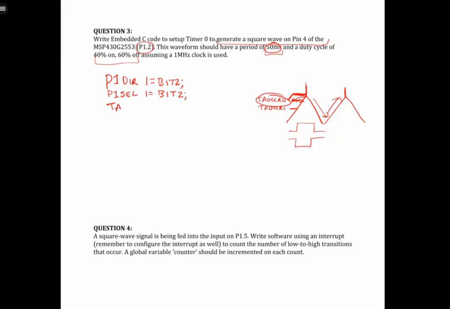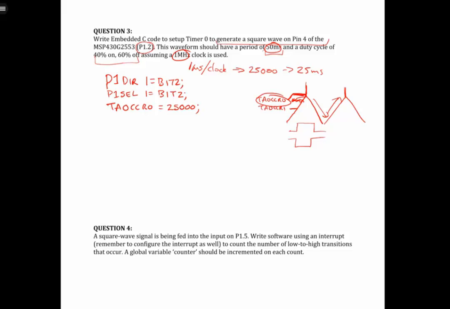So TA0CCR0 is equal to 25,000. 1 megahertz clock, 1 microsecond per clock cycle, and we need 25,000 of them to make up the 25 milliseconds.